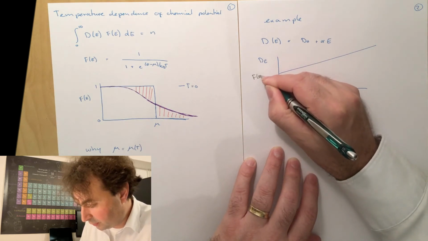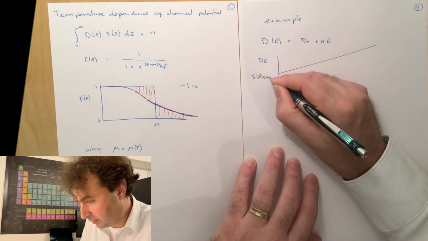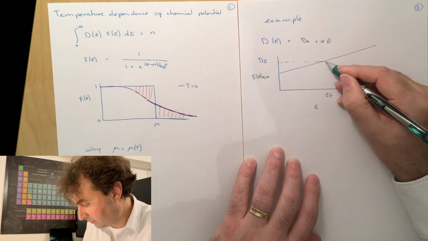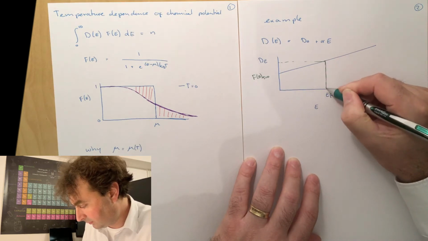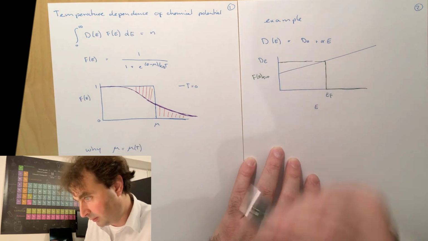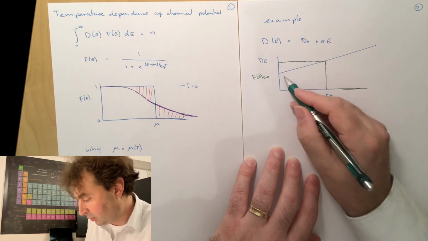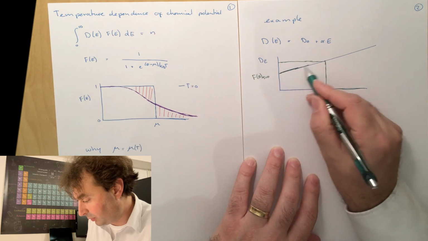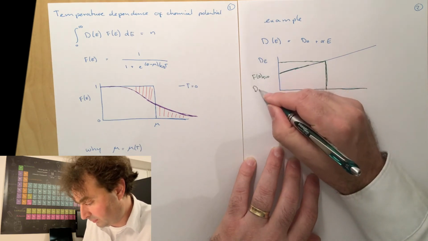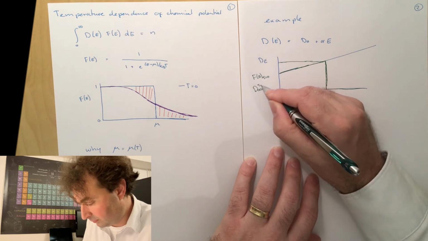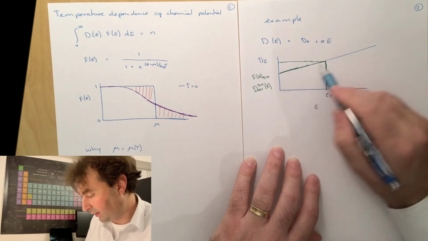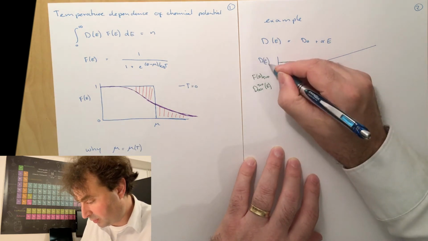We can look at the Fermi function at T equal to 0, which goes from 1 to 0, such that at T equal to 0, the occupied densities of states is a straight line up to the Fermi energy, and then it drops to 0.